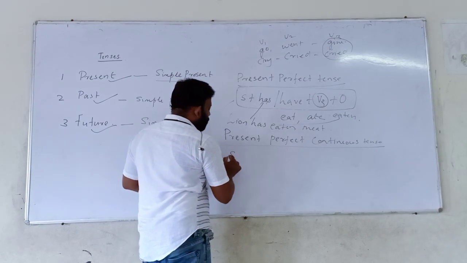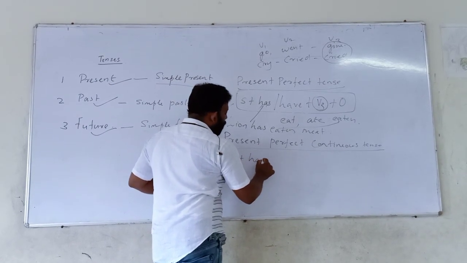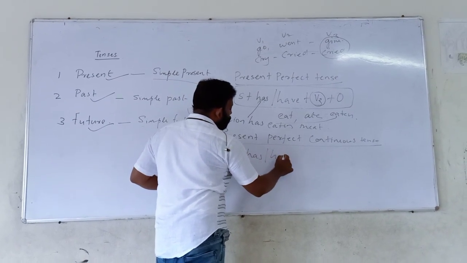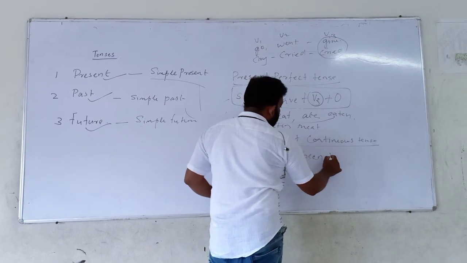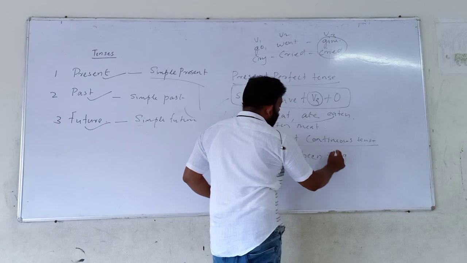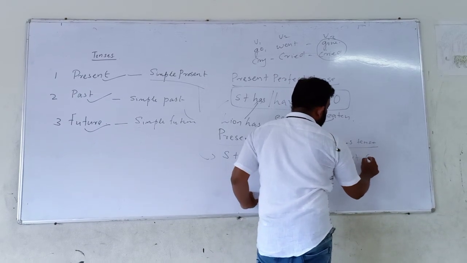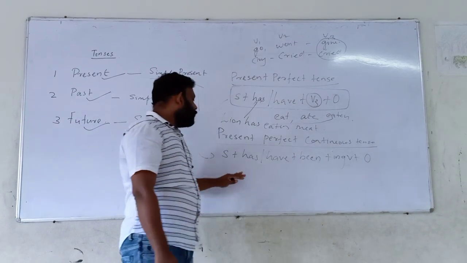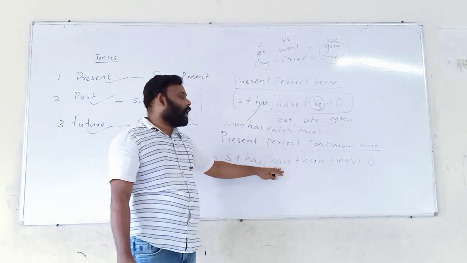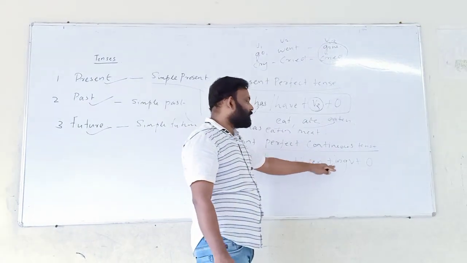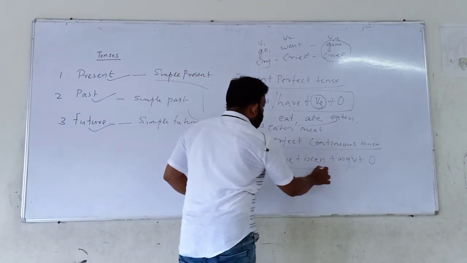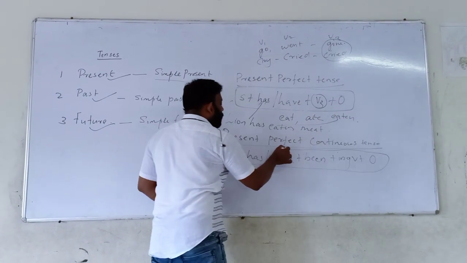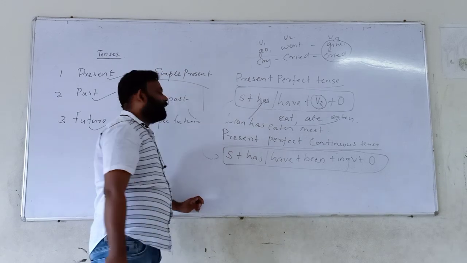That is nothing but subject plus has or have plus been plus ing verb plus object. So this is the form of present perfect continuous tense.